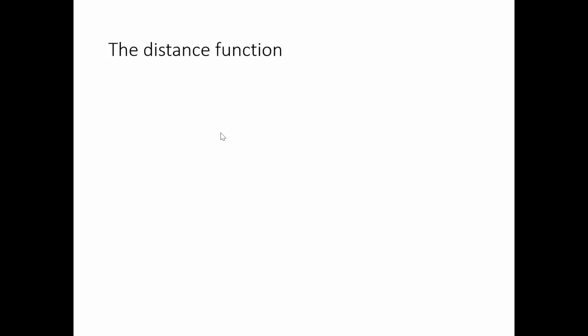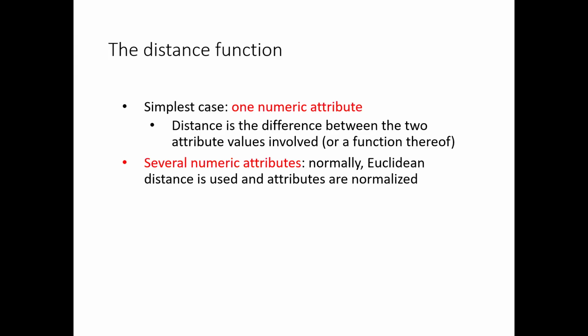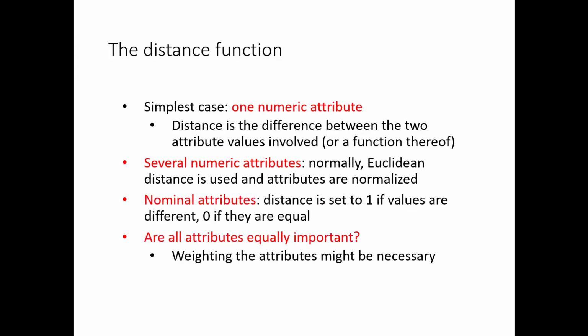Having said that, mainly we need to discuss how to calculate the distances. If you have one numeric attribute, you can simply take the difference. But if you have several numeric attributes, usually we prefer to use Euclidean distance. But what if you have categorical data?